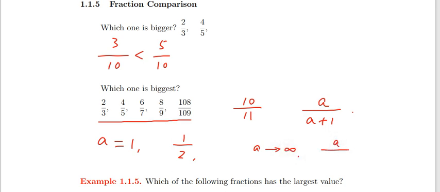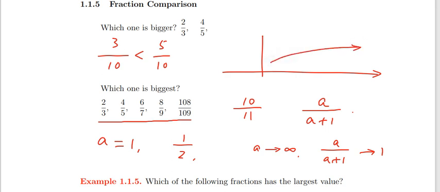Then this number becomes 1, very close to 1. So from half to 1, this number increases. So we can say this number is biggest.